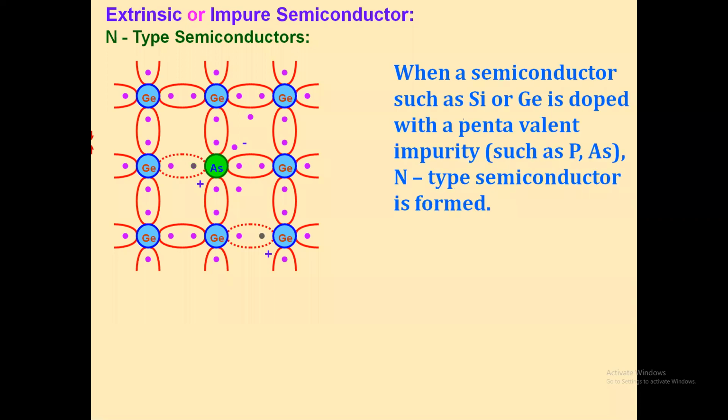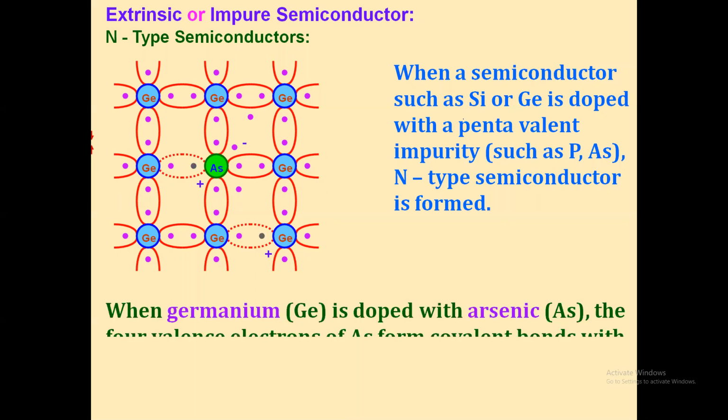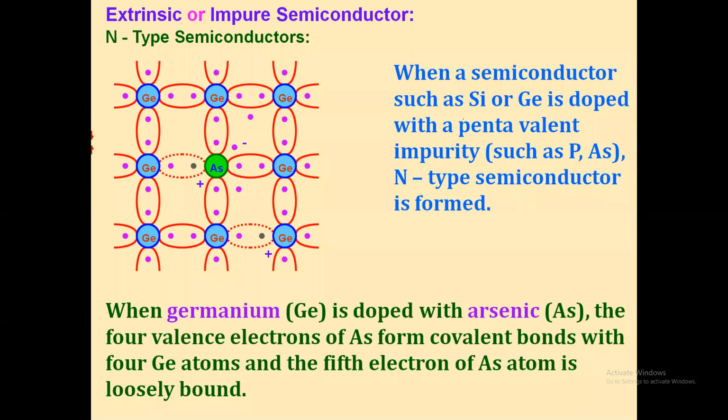Now you can read it. When a semiconductor such as silicon and germanium is doped with a pentavalent impurity such as phosphorus, arsenic, etc., the N-type semiconductor is formed. When germanium is doped with arsenic, the 4 valence electrons of arsenic form covalent bonds with 4 germanium atoms, and the 5th electron of the arsenic atom is loosely bonded.